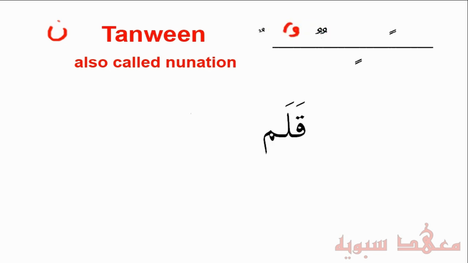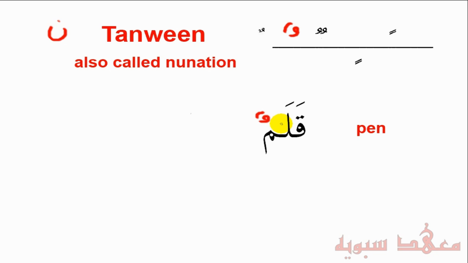So all these represent two dhammas together. Now, here we have the word qalam. Qalam means pen. Now, for example, if we put one dhamma, it will be qalamu. If we put two dhammas, it will be pronounced as qalamun. Qalamun. So notice the noon sound at the end.